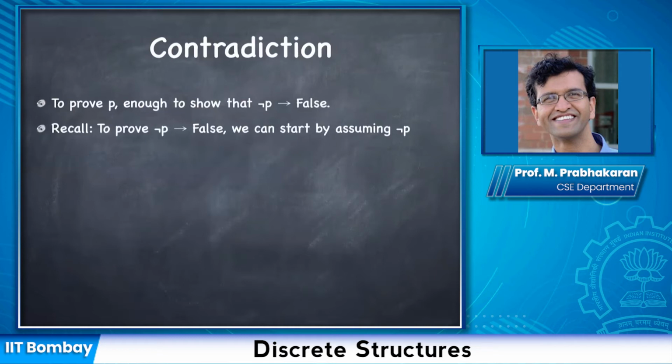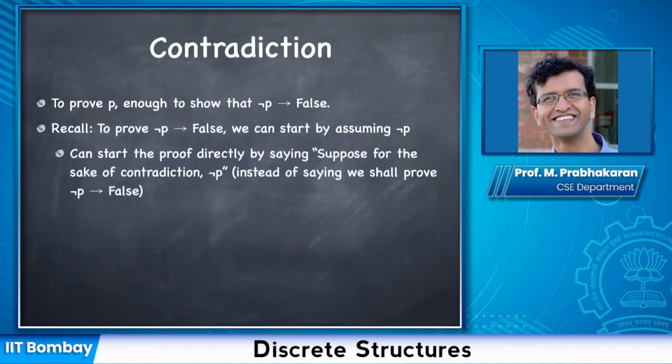So recall, to prove P implies Q, or in this case, not P implies false, you can start off by picking that left-hand side proposition and pretending that it is true. You can start off by saying, suppose not P in this case. In fact, there is a more idiomatic way of starting a proof by contradiction.